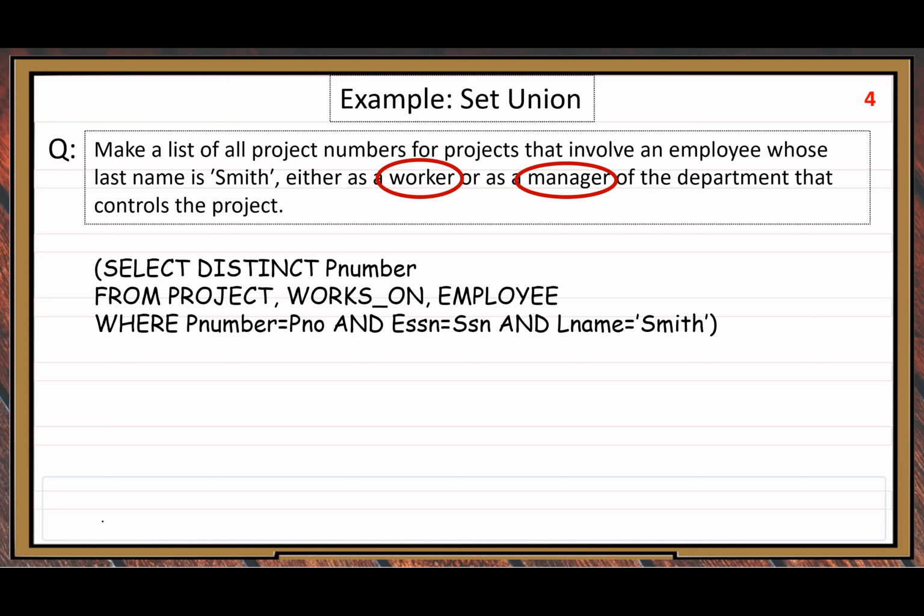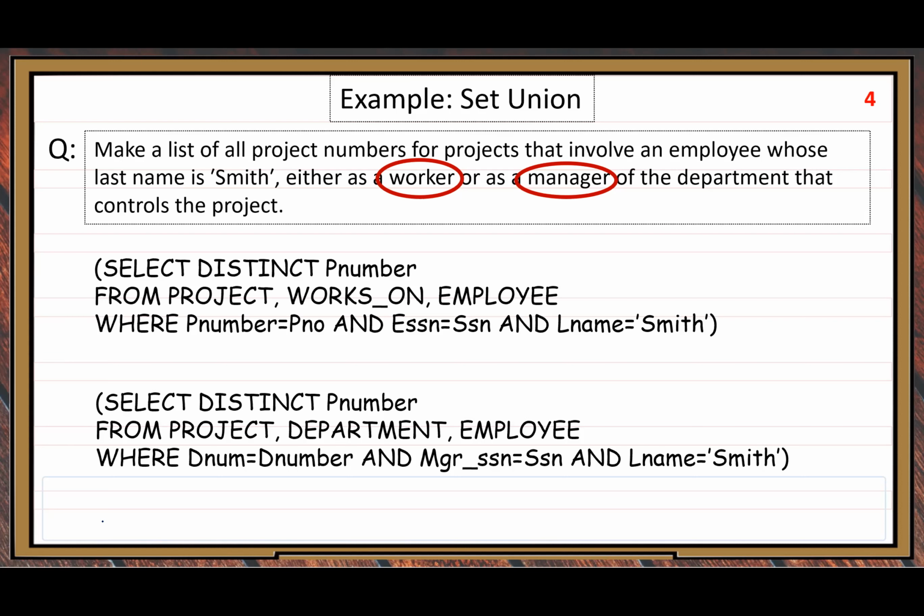P number equals P0 joins the first 2 tables. ESSN equals SN joins the next 2 tables. Then last name equals Smith. That's the first part, as a worker. That is the first query result, so we list that. But the second, department manager.